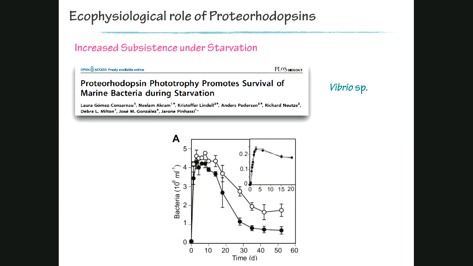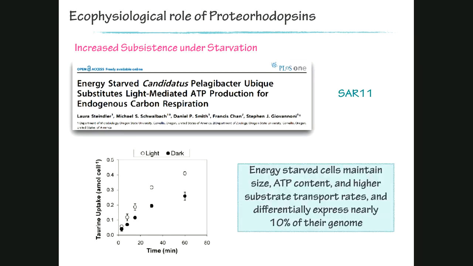So one of the functions of proteorhodopsins is promoting survival during starvation. Later studies with isolated SAR11 organisms have shown that energy-starved cells can maintain size, ATP content, and higher substrate transport rates, and they can differentially express about 10% of their genome when growing under light than under dark conditions.